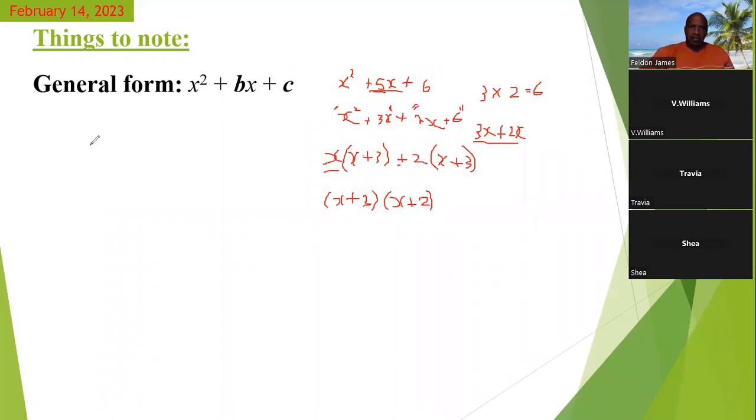All right, so suppose instead we have x squared minus 5x plus 6.